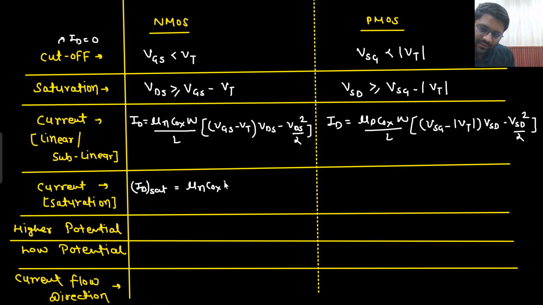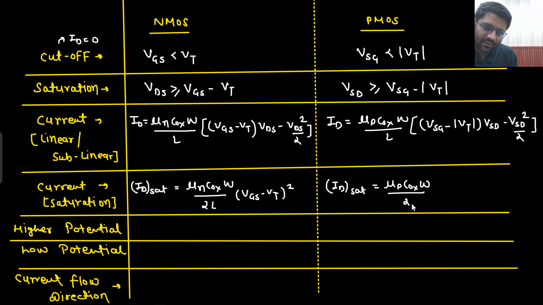Mu n Cox W by 2L, VGS minus VT whole square. Mu p Cox W by 2L, VSG minus mod of VT whole square.